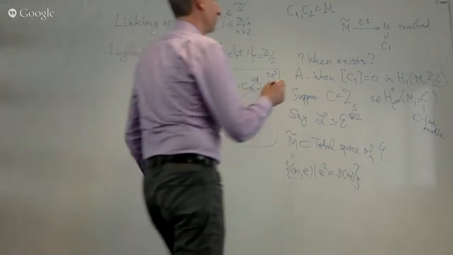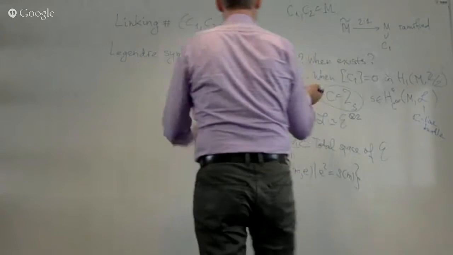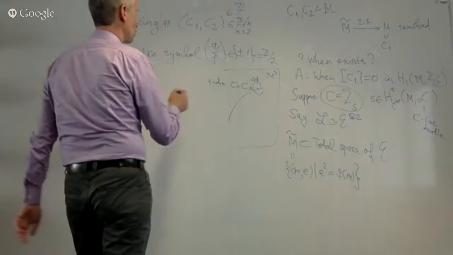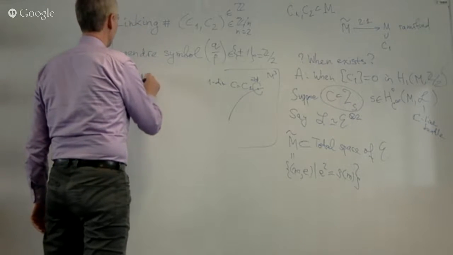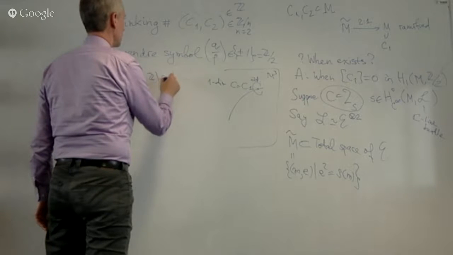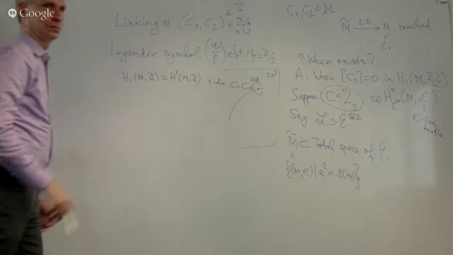When C equals the zero locus of S, it means the dual class. So we identify H1 of M with Z coefficients with H2 of M with Z coefficients.